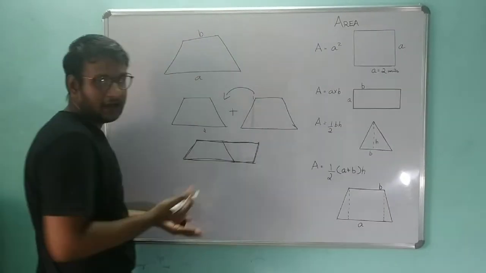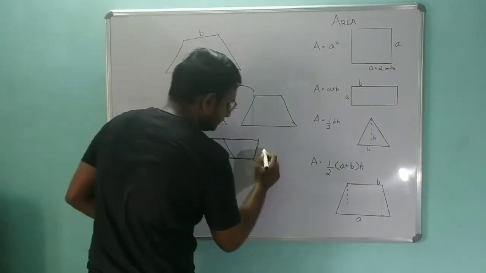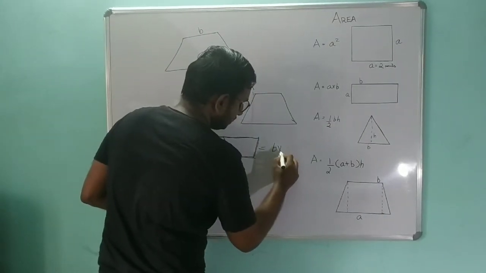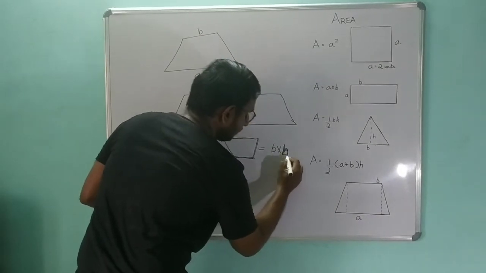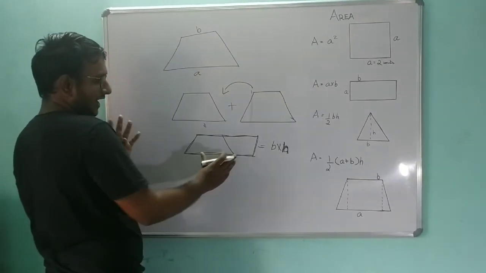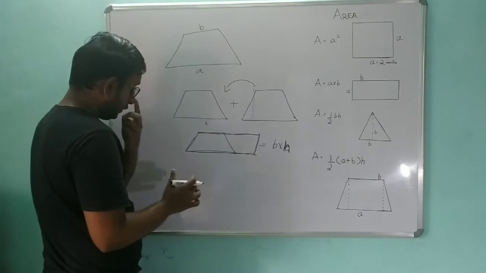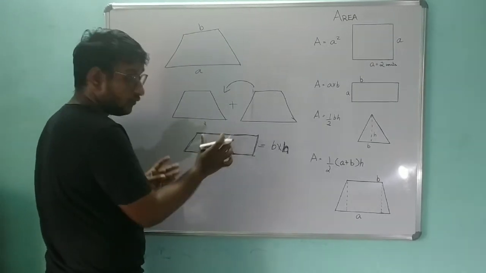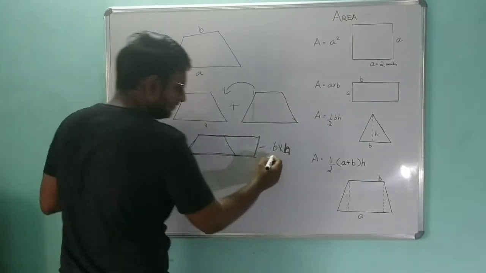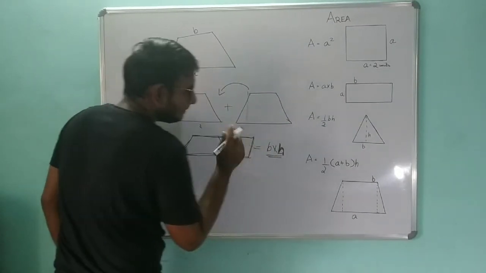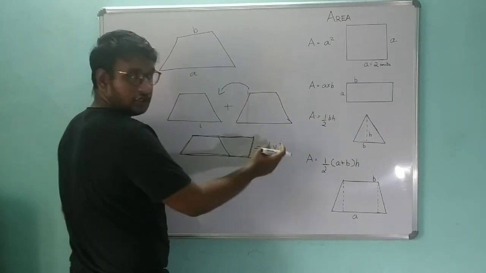We know the formula of a parallelogram is breadth into height. Now we have two trapeziums which combine to form a parallelogram whose area is breadth into height.